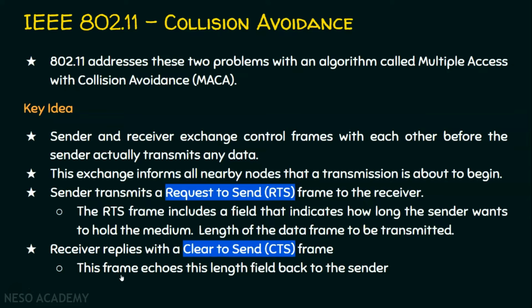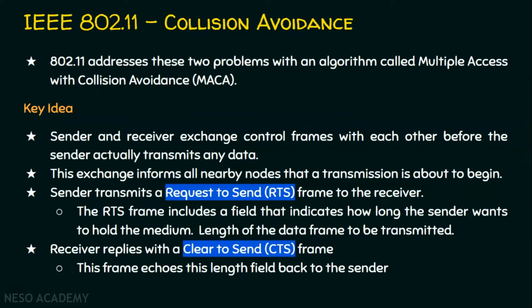This clear to send frame echoes the length field back to the sender. Others also will be able to see the CTS. Whenever the RTS and CTS are exchanged between the sender and the receiver, others will be aware that the transmission is going to begin. RTS is transmitted by the sender and CTS is replied by the receiver.